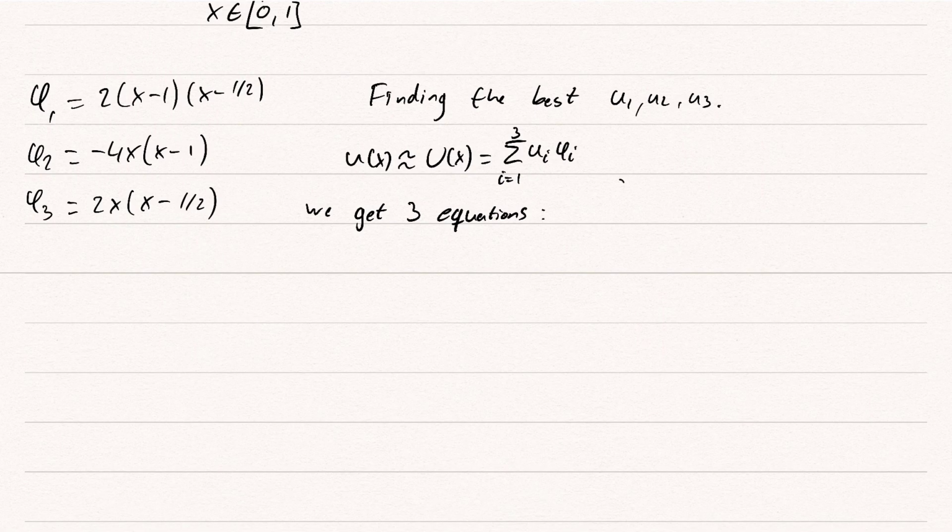They look like this: the integral from a to b. I'm going to do this general again and then substitute. We have u minus capital U times phi I dx is equal to 0 for I is equal to 1, 2, and 3.